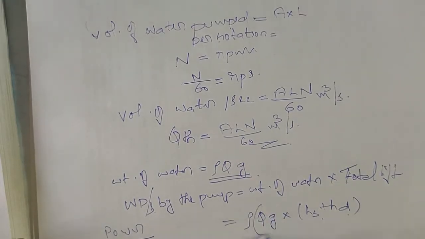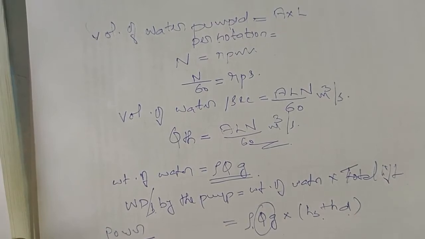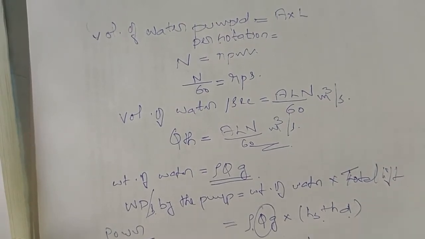And this Q here is ALN by 60 meter cube per second. That is the theoretical discharge.